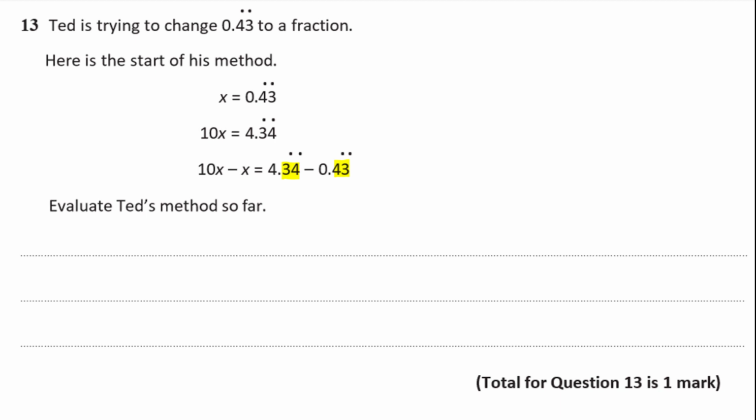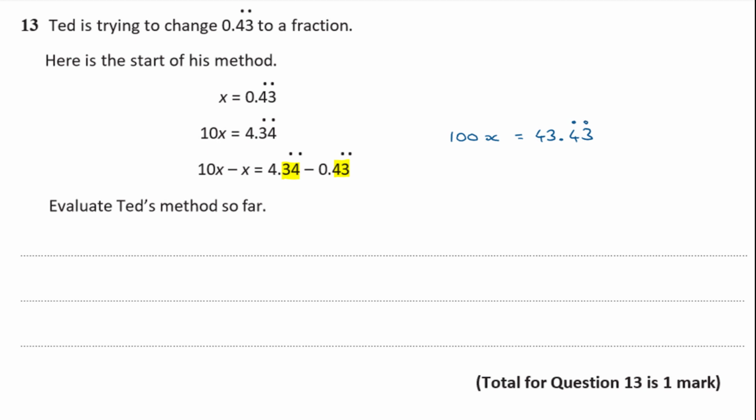Okay, so he would have been much better off doing what, do you think? Rather than multiplying by 10 at this point, he really should have multiplied by 100. So at this point here, he should have got 100x equal to 43.43 recurring.